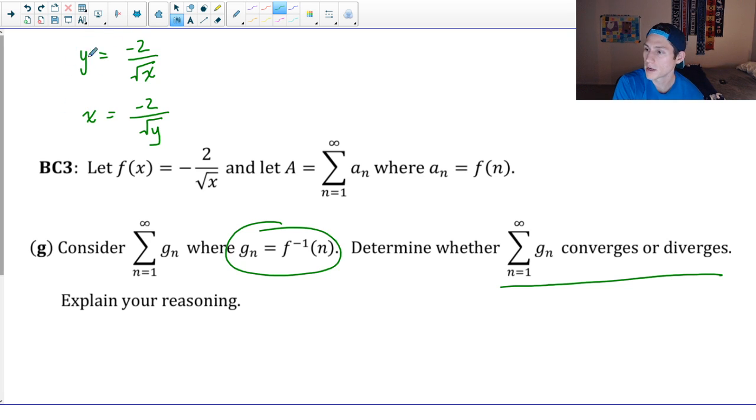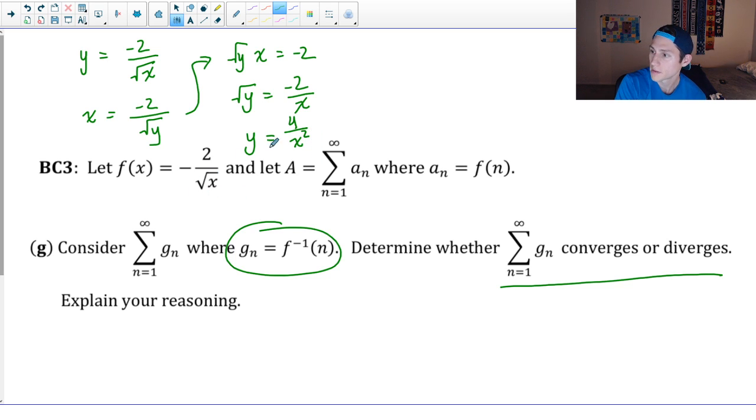Okay, so first I write y instead of f of x, and then we switch the spots of x and y, and then solve for y. So I'm going to multiply square root of y on both sides. Divide both sides by x. Square both sides. Negative 2 squared is 4. x squared is x squared. You totally knew it.